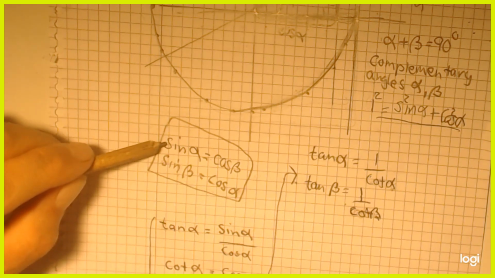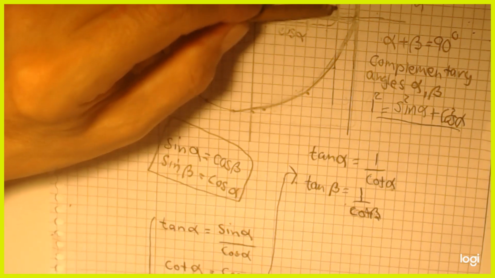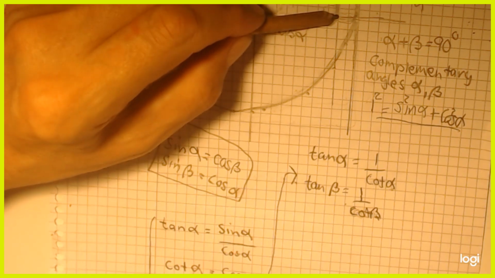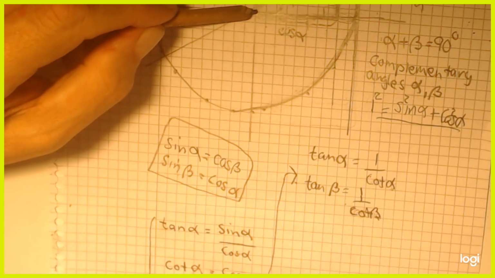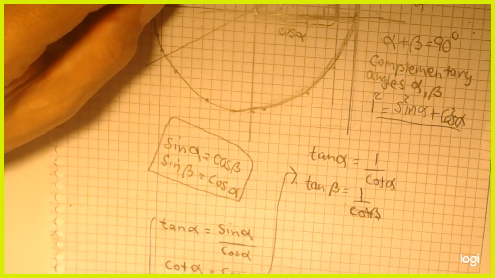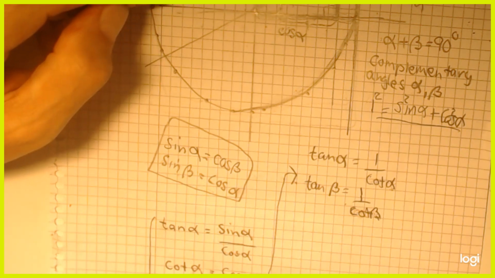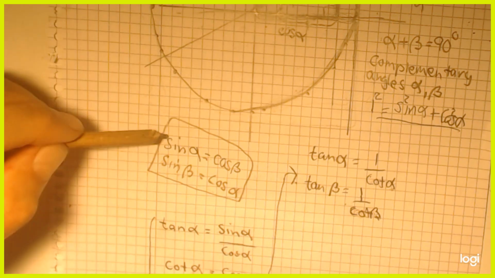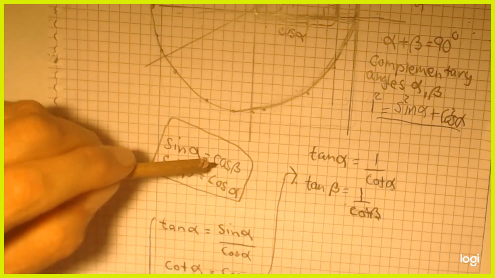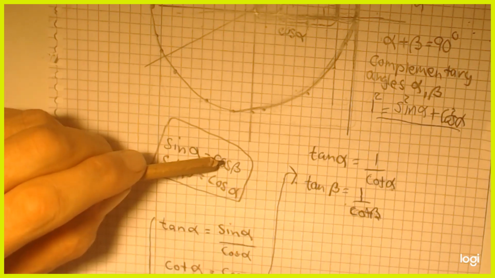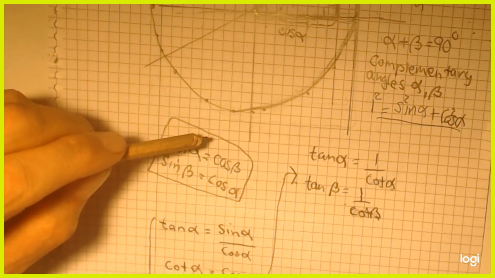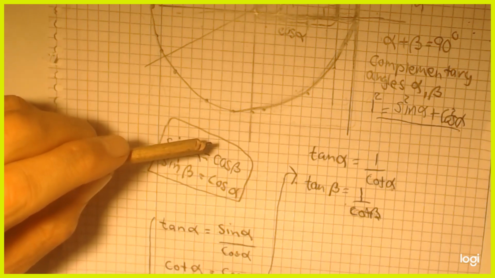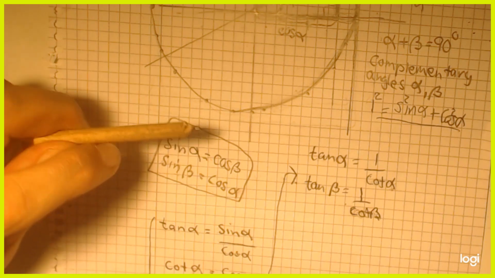And sinus alpha, this side here, is equal to this side here, and this side is called cosinus beta. So sinus alpha is the same as cosinus beta. And this is very important in the math.